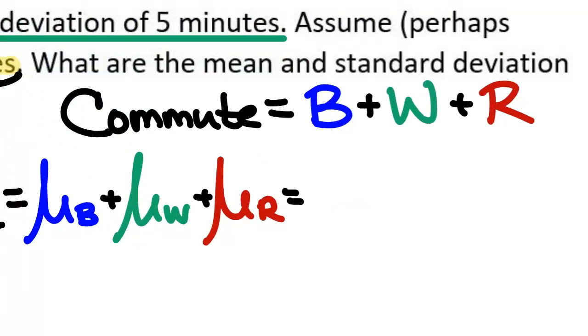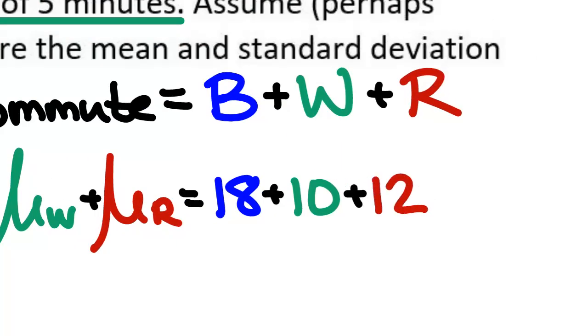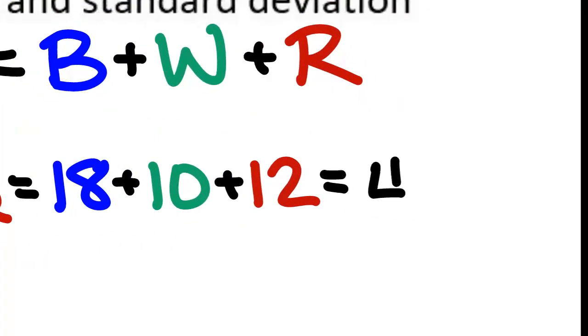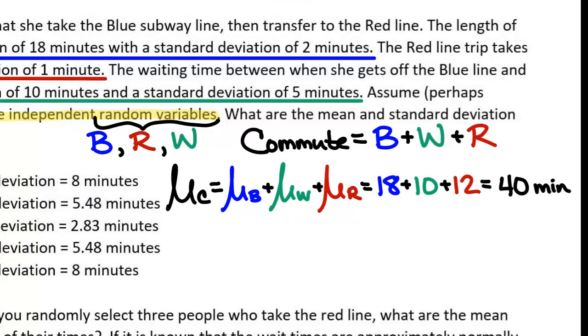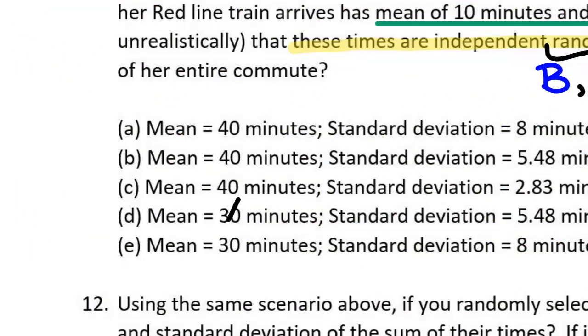So we have 18 plus 10 plus 12. And what does that give us? 40. So she has an average of a 40-minute commute time, which means I can throw out options D and E. They did not take that wait time into account.